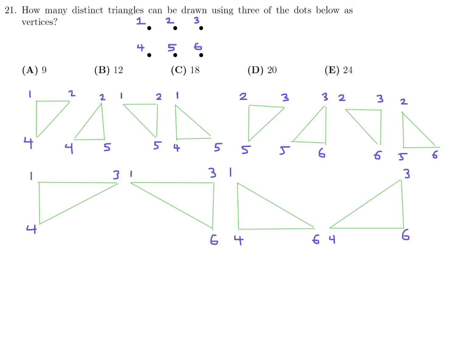I think there are actually a few more, though not a lot. There's one where you can get the vertex in the middle like that, and then similarly on the bottom like that. So these are 1, 3, and 5, and then 2, 4, and 6, correct?